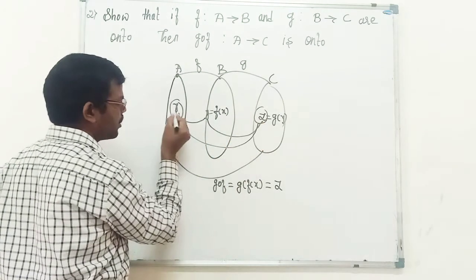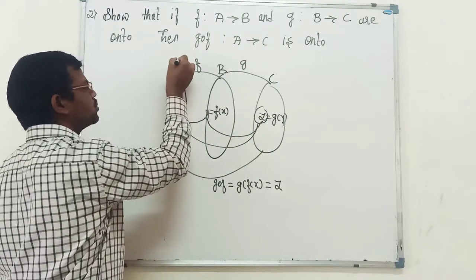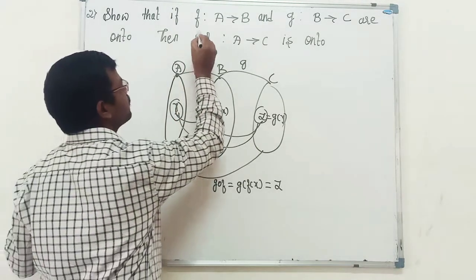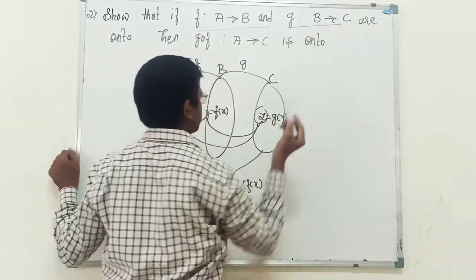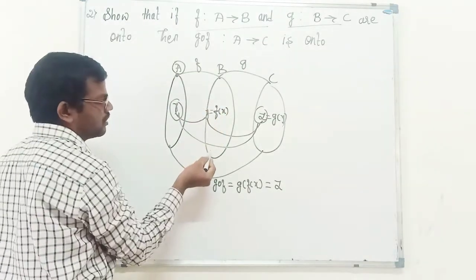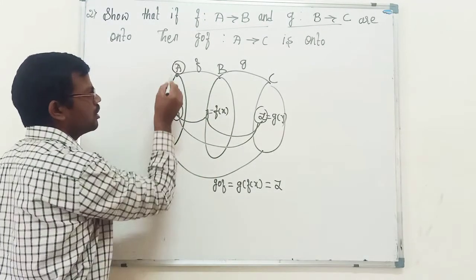So we have a pre-image x for z, and that belongs to A. We have to say that using the concept of onto function. f is onto means for every element we have at least one pre-image in the domain.